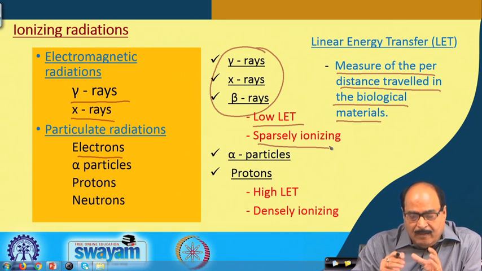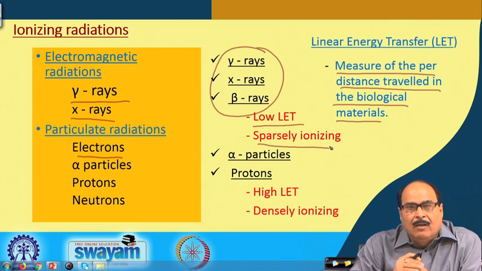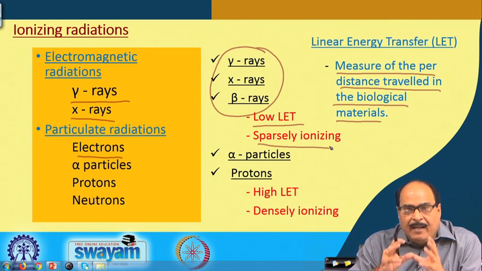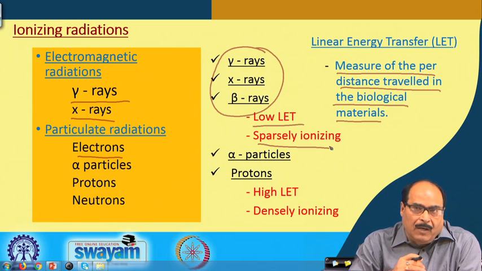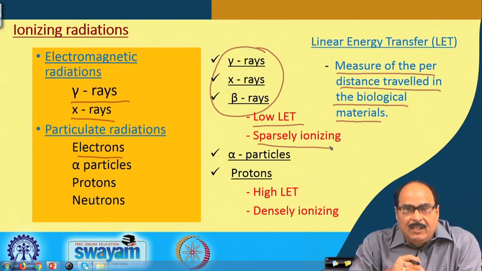On the other hand, alpha particles, protons etc., because of their high mass, are frequently stopped by the biological materials and are not able to penetrate deep into the materials.